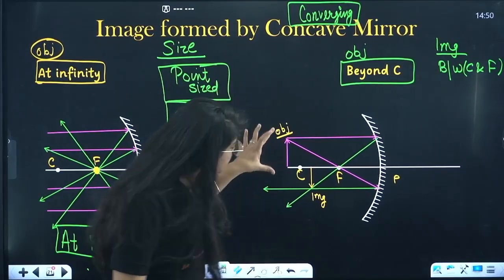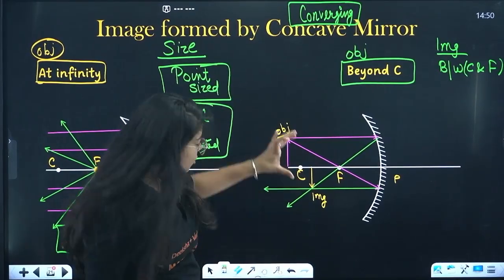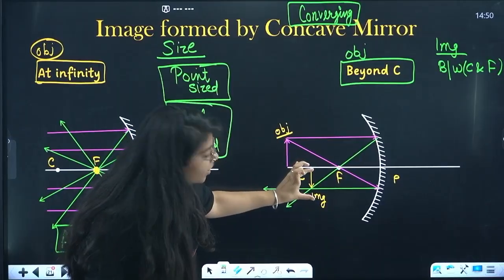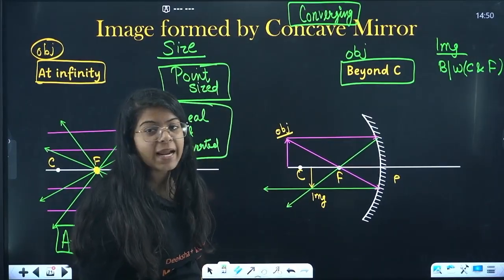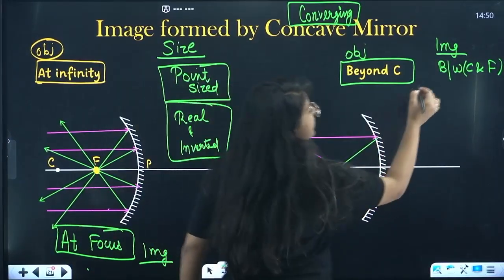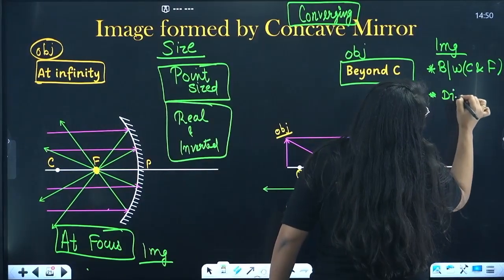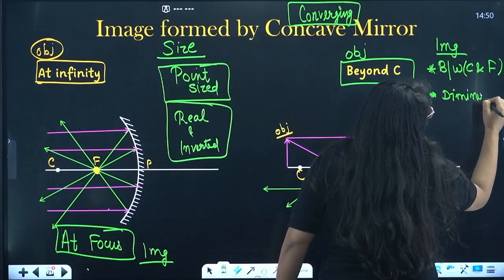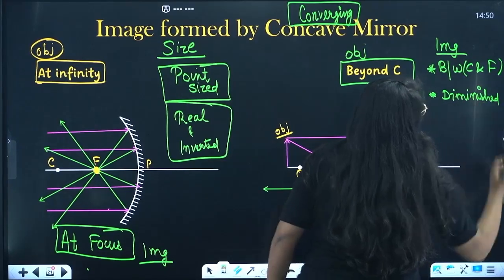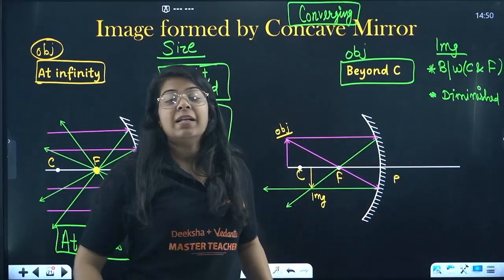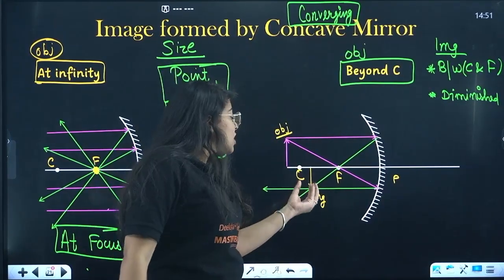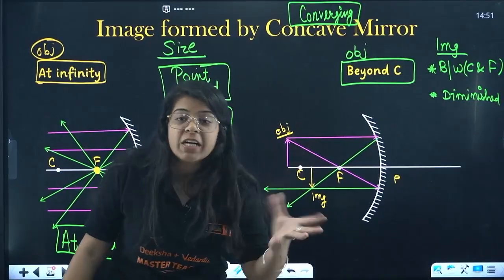Now you can clearly see this is a little bigger and this is a little bit smaller, right? In physics, we give it the name diminished image. Diminished, beta, means smaller. Diminished means this image is smaller than the object.